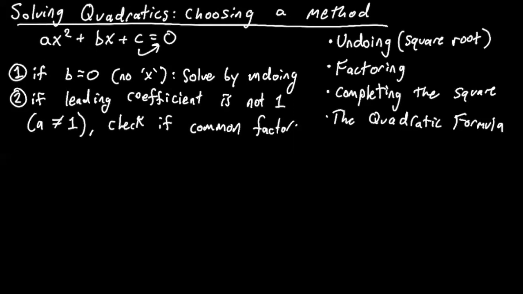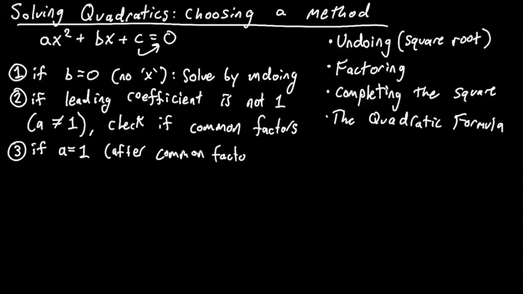Okay, so if there are common factors, we can rewrite it by factoring out that common factor. The next thing we want to look at is if a equals 1, and sometimes that's after factoring out common factors.